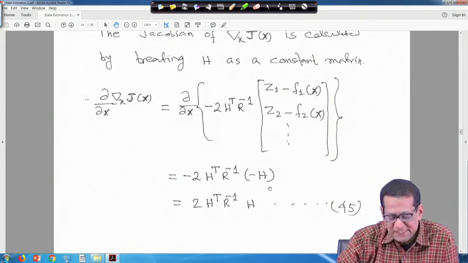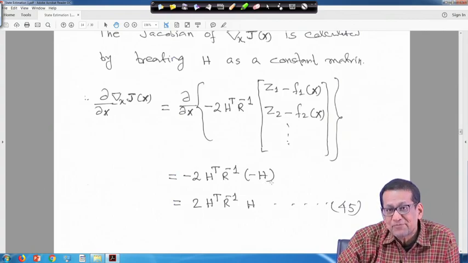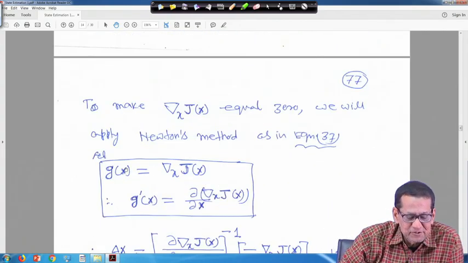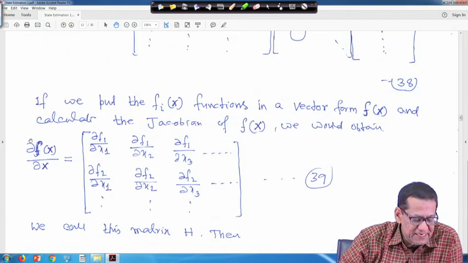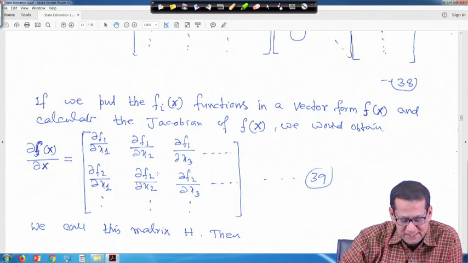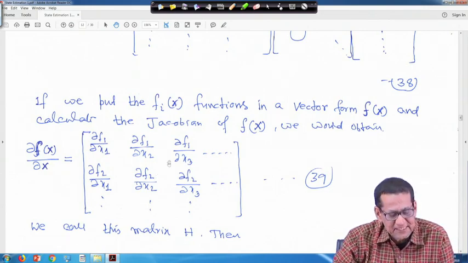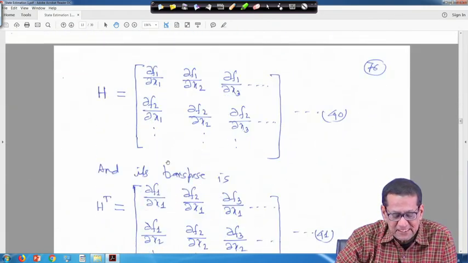Basically it is nothing but your Jacobian matrix, because here we have shown that if you take del f x upon del x, it is nothing but your Jacobian matrix, that is your H, right. Here it is H. So, that is equation 39.